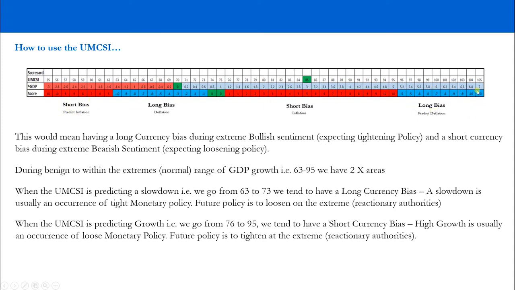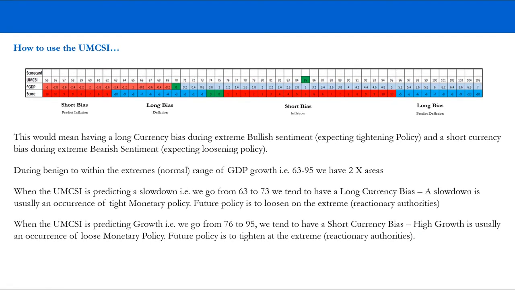And when we have extreme inflationary conditions predicted, we actually start predicting deflation because it can't get any better. And central authorities will have to intervene because they don't want it to get any worse, and because inflation may get out of control away from the target rate. So we have to bear in mind these extremes, and we have to operate within the parameters.